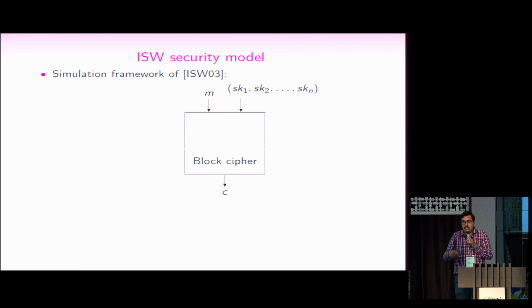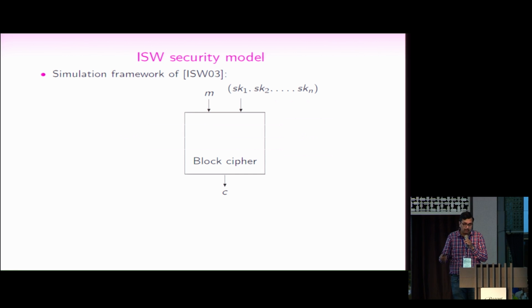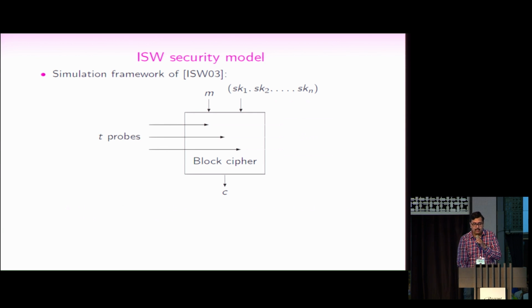So let us recollect the security model of Ishai, Sahai, and Wagner, the probing model. Assume we want to securely evaluate a block cipher that takes an input message M, and with the keys, say, the n shares of the secret key. Then we allow the adversary to probe, say, t intermediate variables.